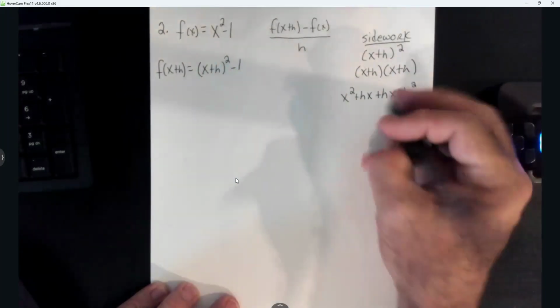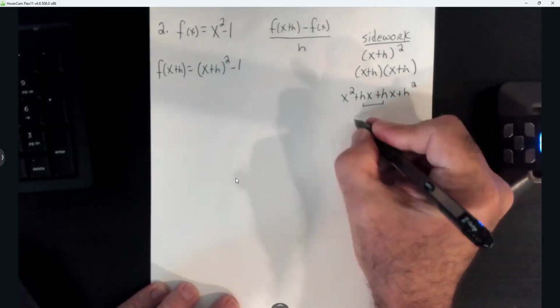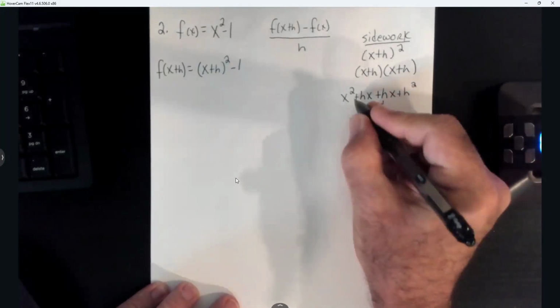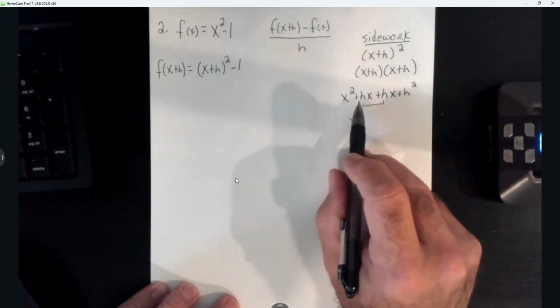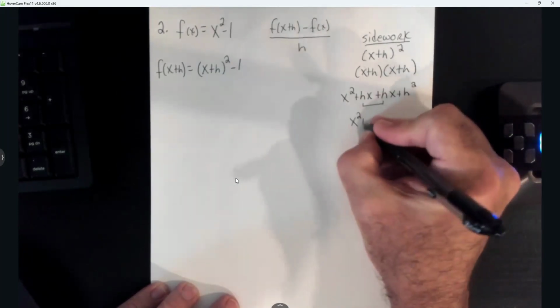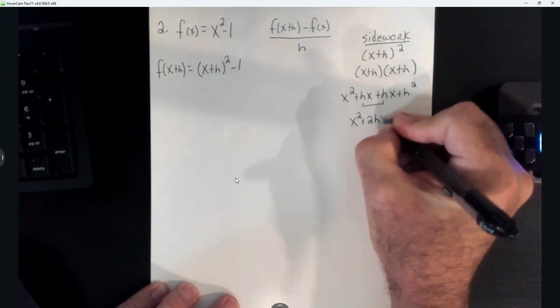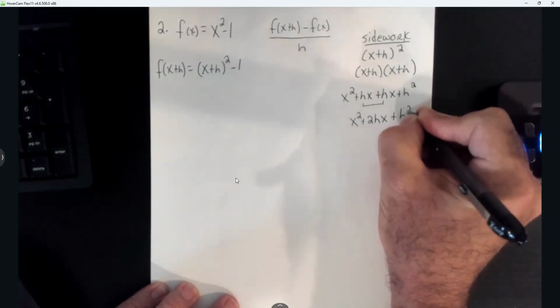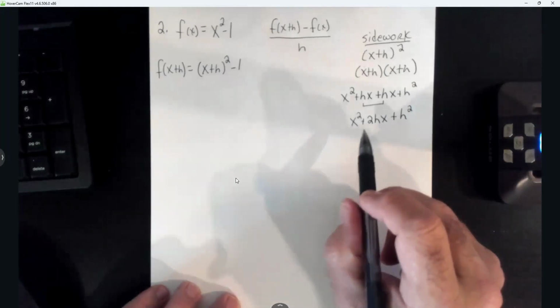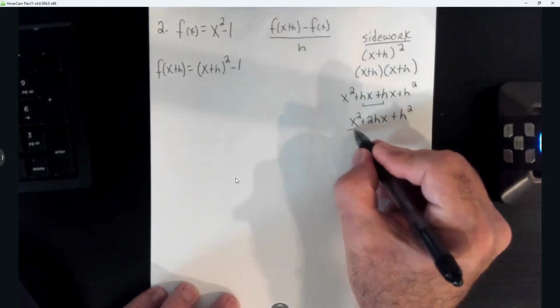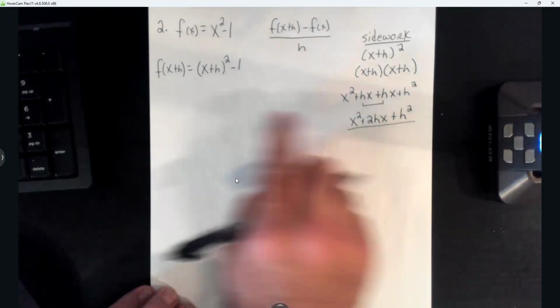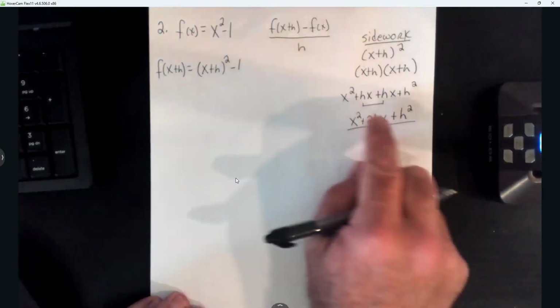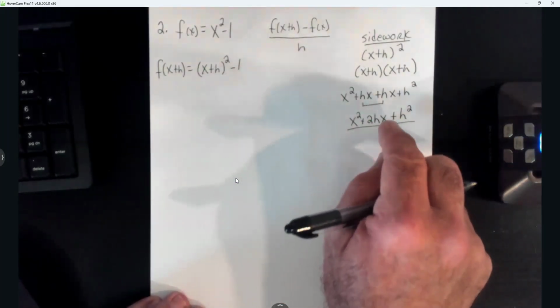So before I put it over here, I'm going to add the like terms. So I got my x squared. 1 plus 1 is 2hx. And at the end, h squared. So y'all save that. Anytime you get an x plus h squared, we're going to replace it with that.